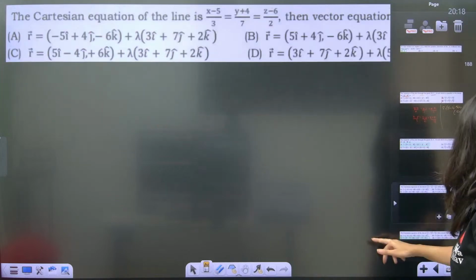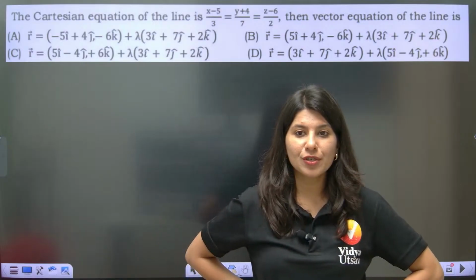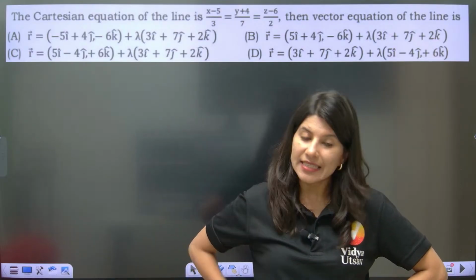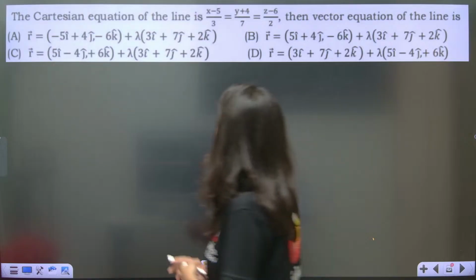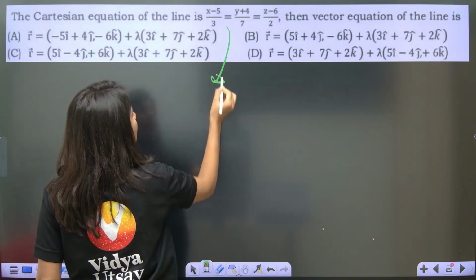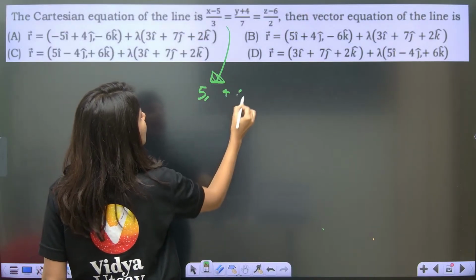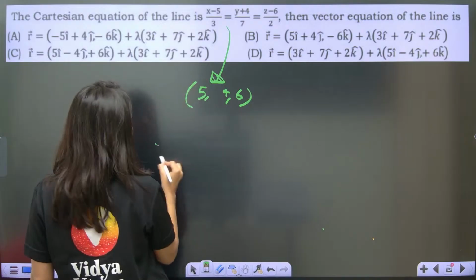Next. The Cartesian equation of this line is given and the vector equation is asked. Can anybody tell me what is the point on this line? So 5, minus 4, 6 is the point. So you want to write the vector equation.